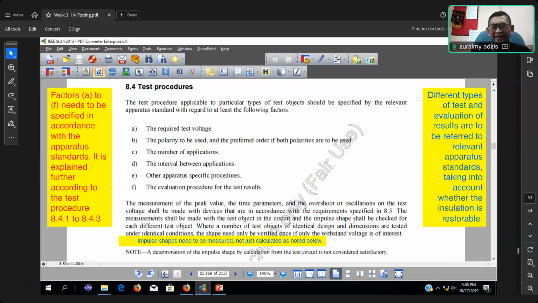Like in AC and DC withstand test and so on, you have a withstand test and then assured disruptive discharge voltage test, disruptive discharge voltage test in 6.4.1, 6.4.2, 6.4.3. Also in DC, you have 7.4.1, 7.4.2, 7.4.3. But here in lightning impulse test, the first one in attention is the withstand?